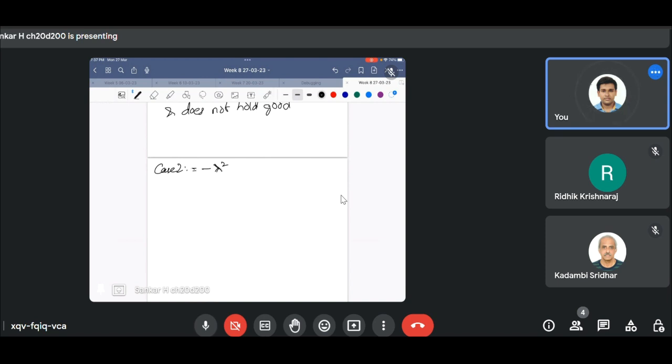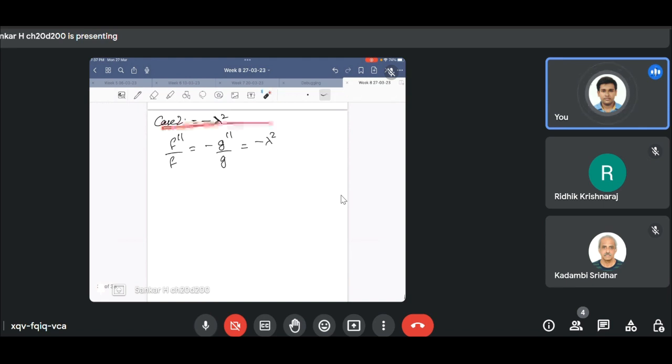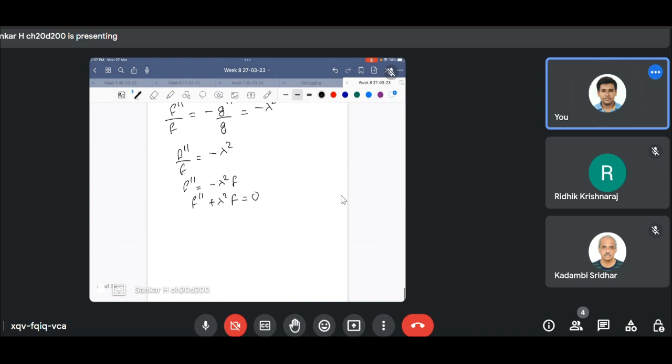So let me put the equation for minus lambda square here and see. f double dash by f is equal to minus g double dash by g is equal to minus lambda square. Let me equate this one first, where f double dash by f is equal to minus lambda square, or f double dash plus lambda square f equal to 0.